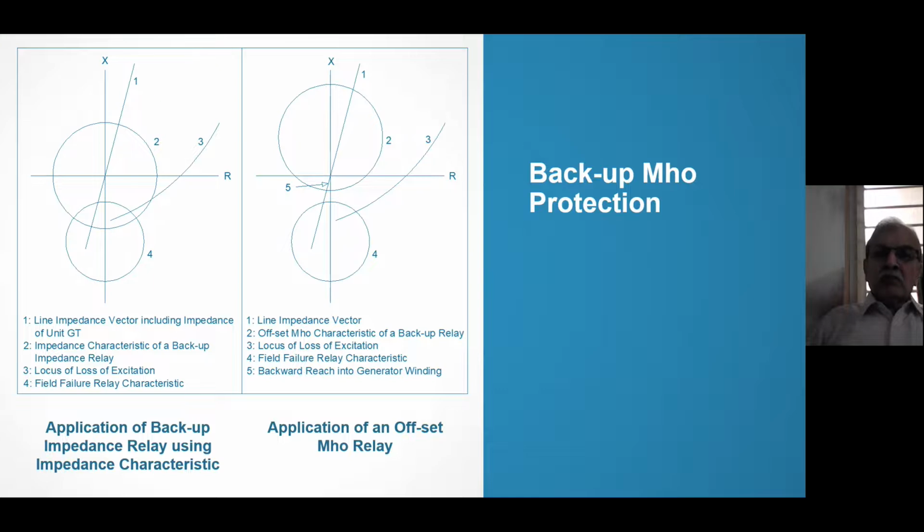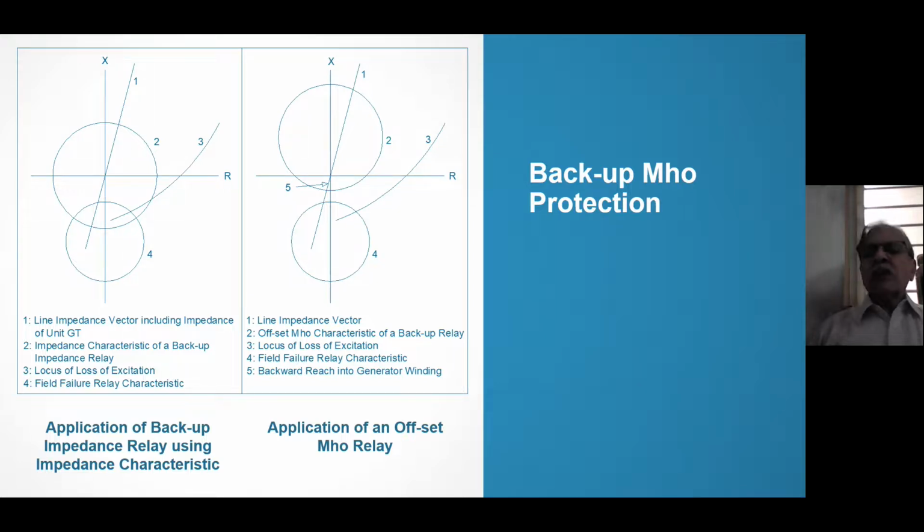Now, for backup protection, you cannot have overcurrent protection, because I told you, 3 protections will fail, and each is time delayed. Distance will operate immediately, but overcurrent will take some time delay to give backup. Transformer overcurrent protection will take further time delay. So by that time, the generator reactance due to the fault has come to the steady state region.